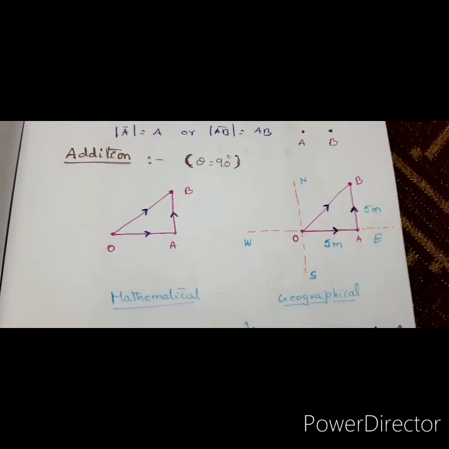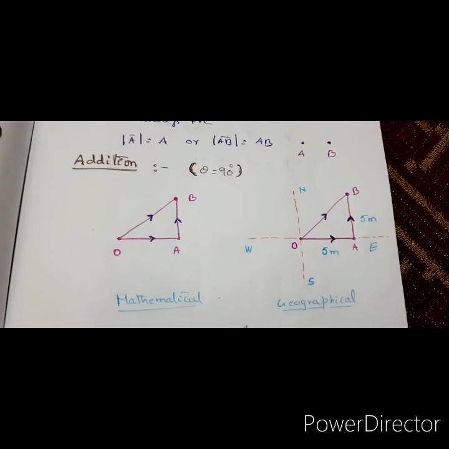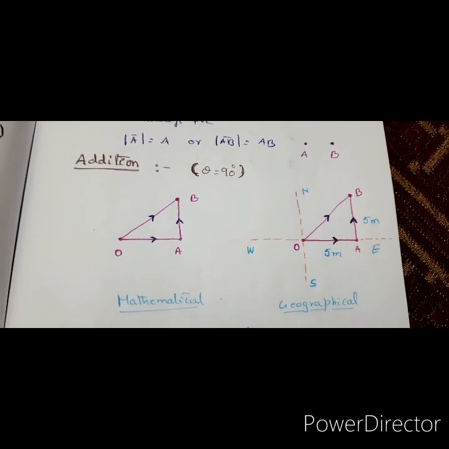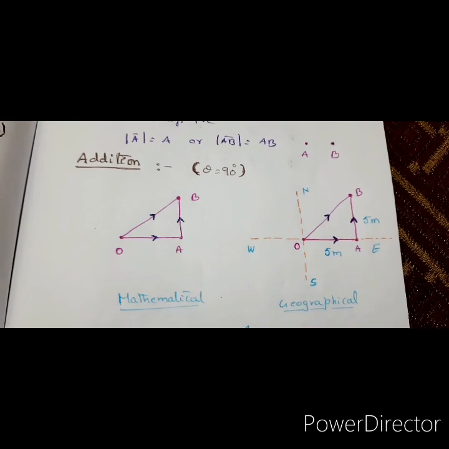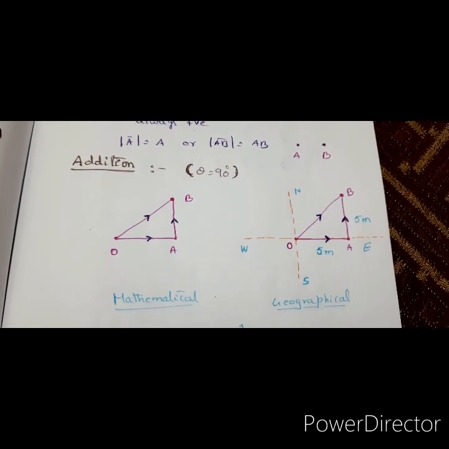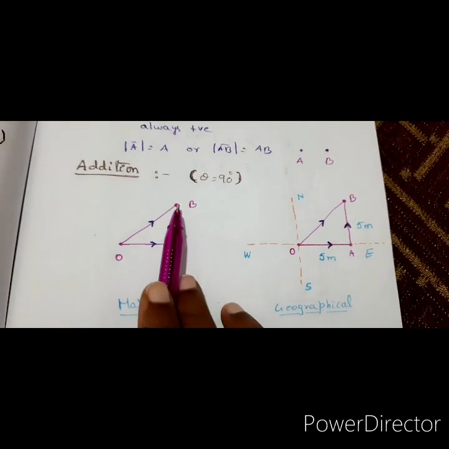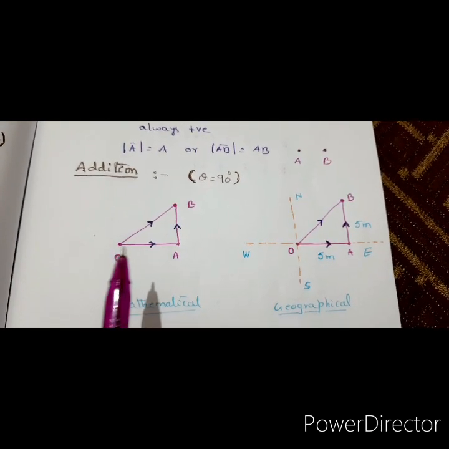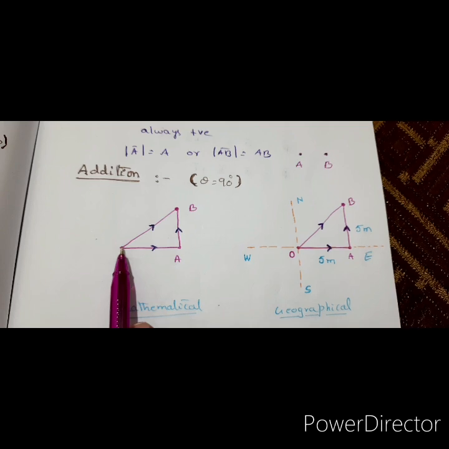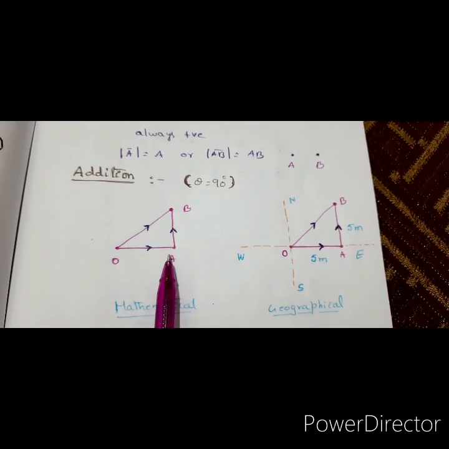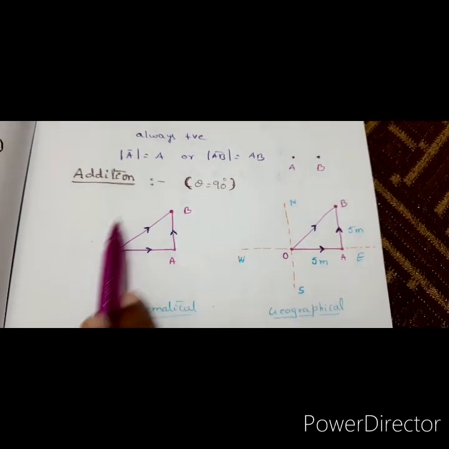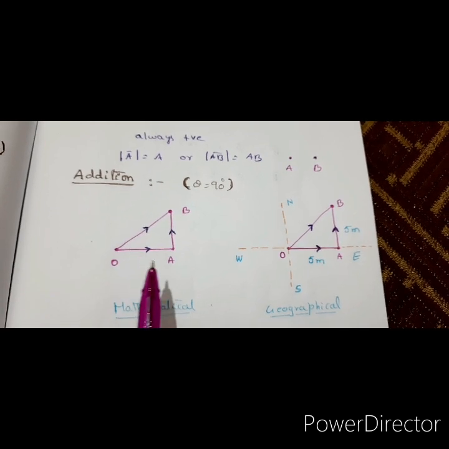Now suppose I am taking two vectors which are acting in mutually perpendicular directions and I want to find the resultant. I can just simply draw the diagram like this while solving problems. Just draw this in a rough space and use the smallest space that you can.